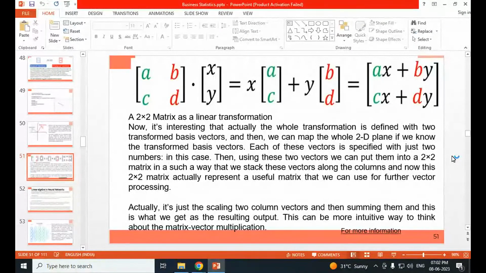For example, I have a unit vector like this. If this is 1, this is 1 comma 1. If I say I want to transform or scale this one to minus 2 comma minus 2, where do you go?